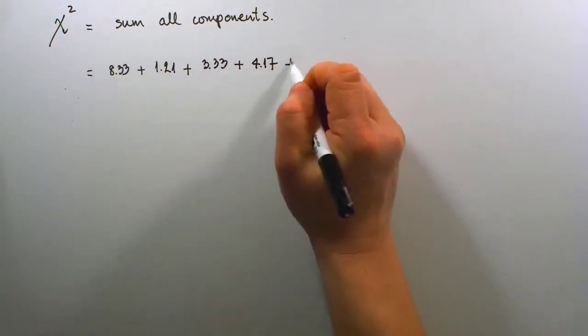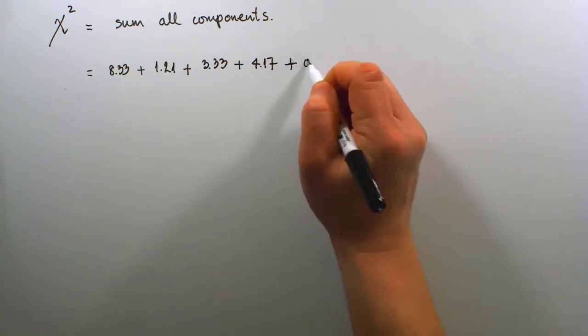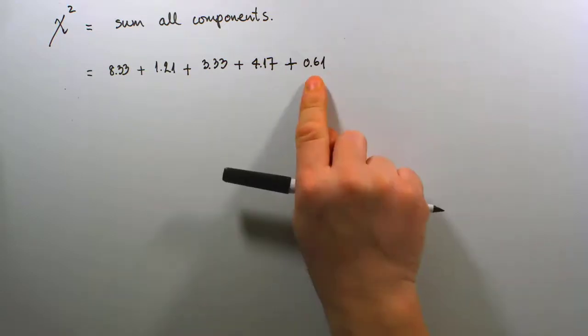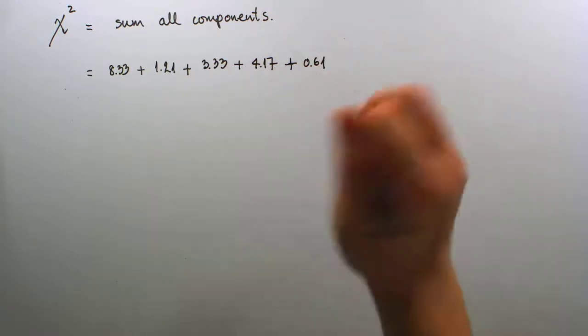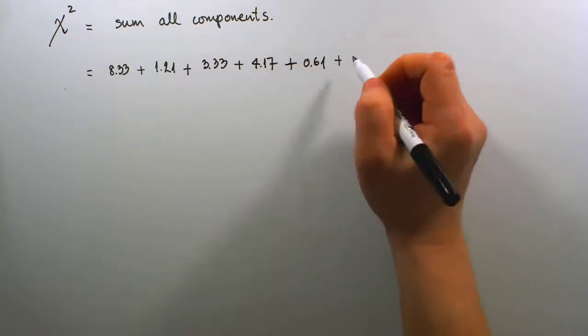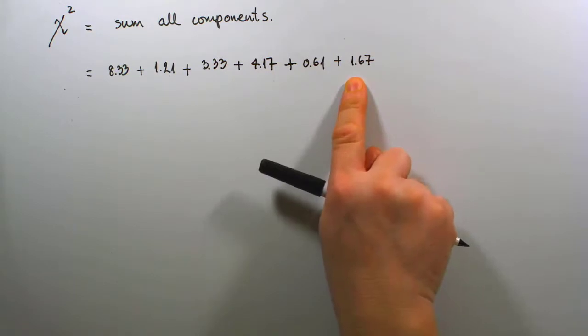Now I'm going to add to the next component value. So from the table we have seen earlier, 0.61 is the component at row 2, column 2. And now we're going to add 1.67 being the component value at the last entry, row 2, column 3.